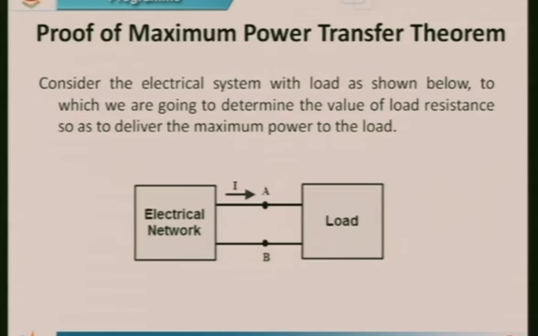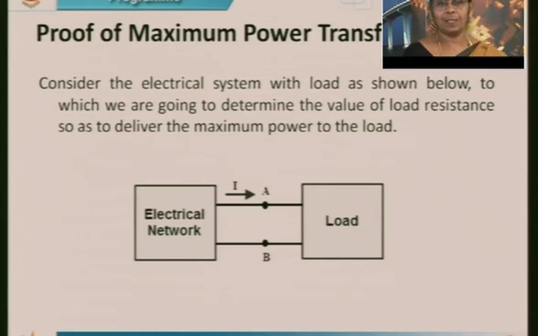This is a simple block diagram representation that I am using. You need to have an electrical network and a load connected there. This electrical network can be anything. It can be only a single voltage source in series with an impedance, or it may be a network. If you have a network, then you have to replace that electrical network by Thevenin's equivalent.